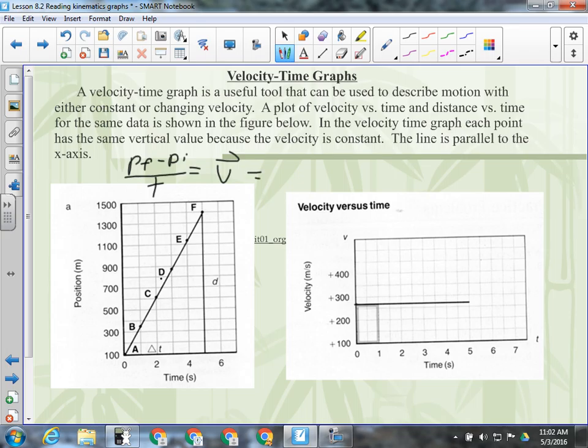So my final position on this graph is 1400. My initial position on this graph is 100. And my time is 5 seconds. Well, pretty sure that 1300 over 5 is 260 meters per second. Everybody all right with that?